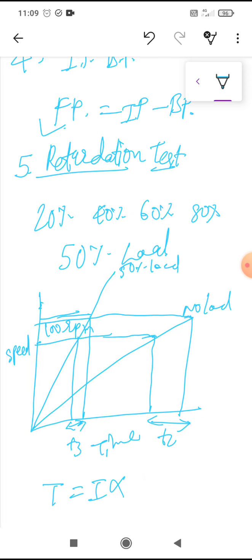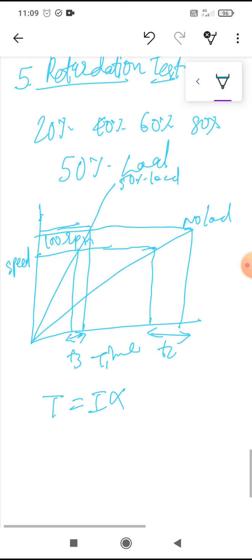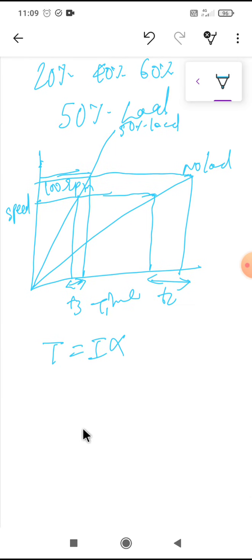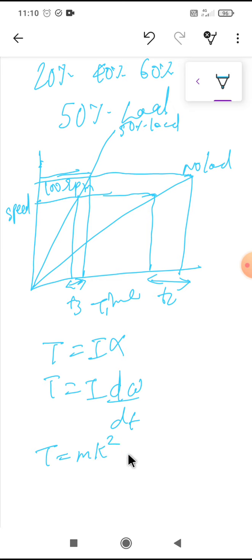So as we know, angular acceleration is the derivative of angular velocity, that is d omega by dt. But we know that I is the moment of inertia, which we can write as mk square, so T = mk square d omega by dt.